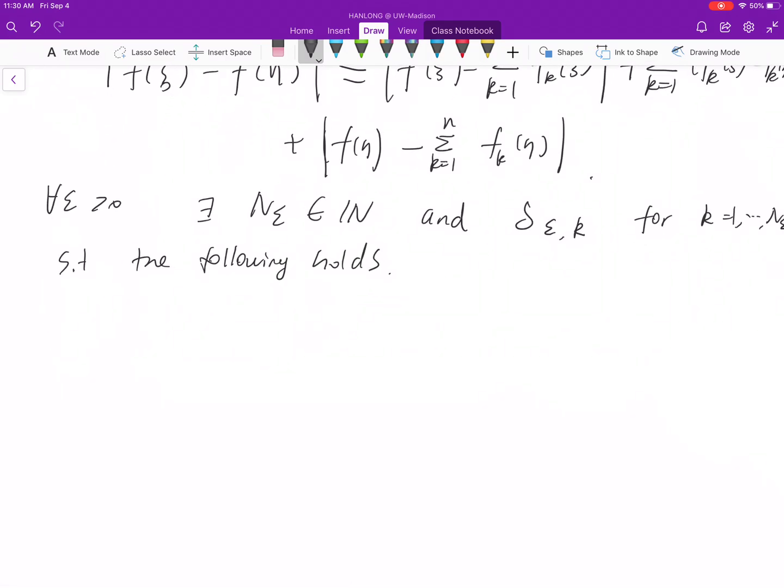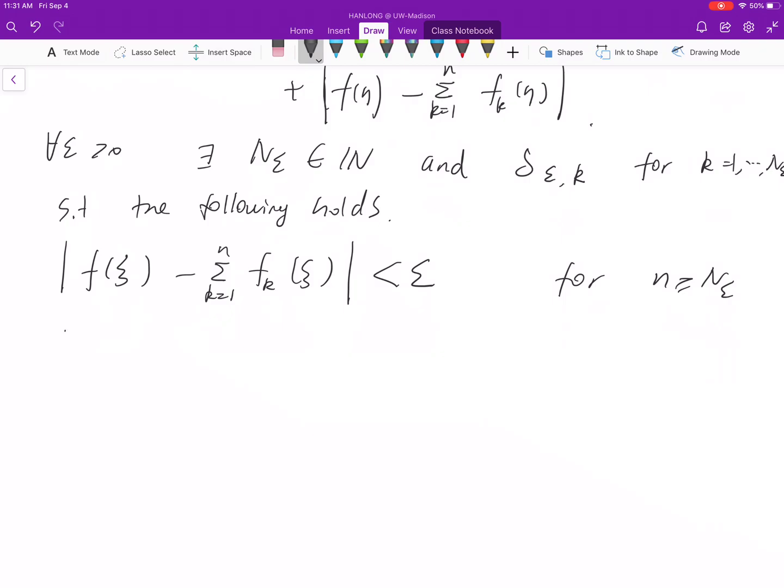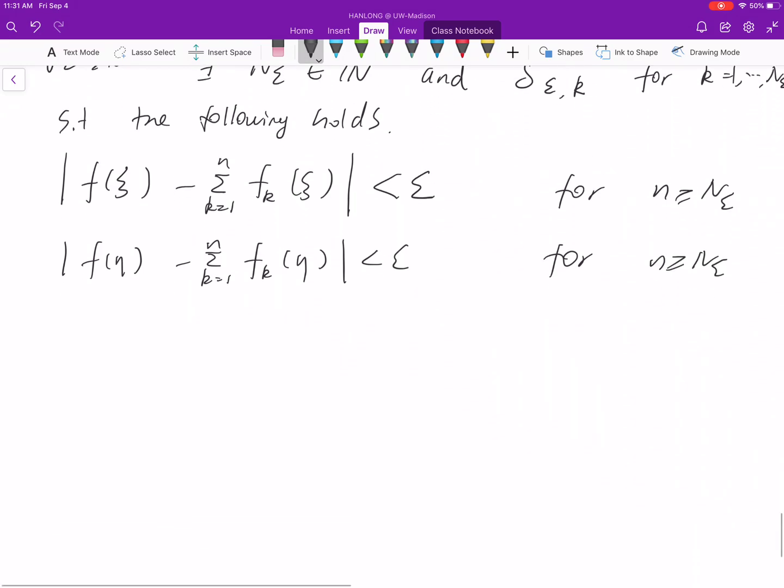First, we have |f(ξ) minus the partial sum from 1 to n at ξ| less than epsilon for all small n greater than N epsilon. And same thing for f(η), for n greater than N epsilon.